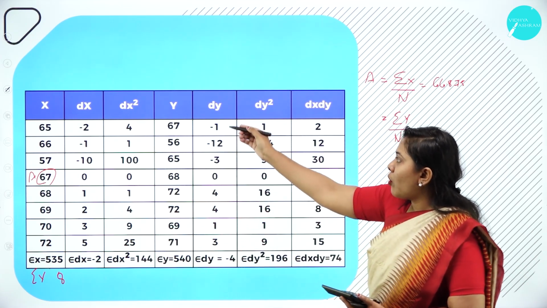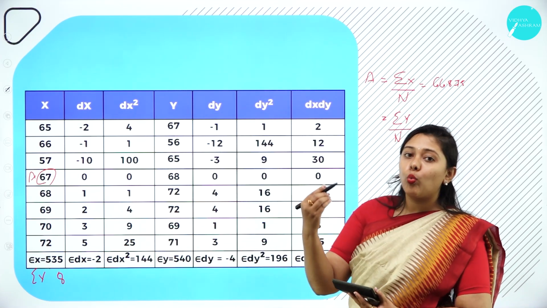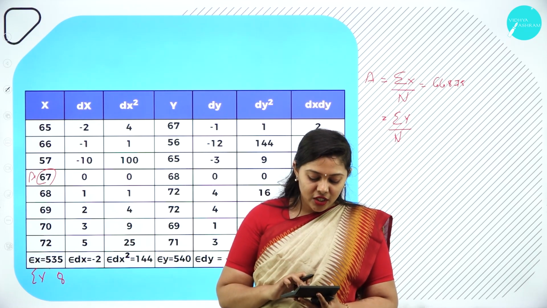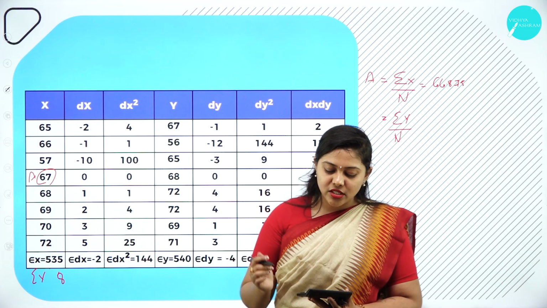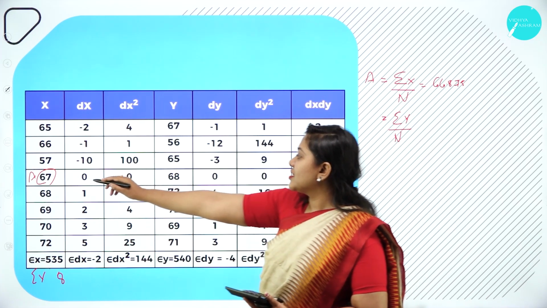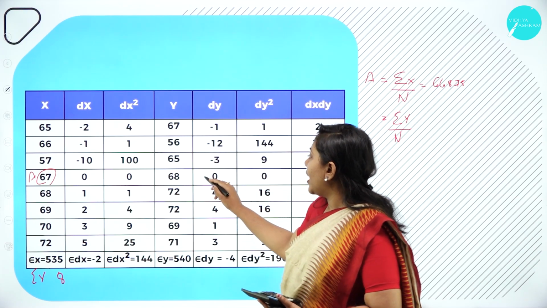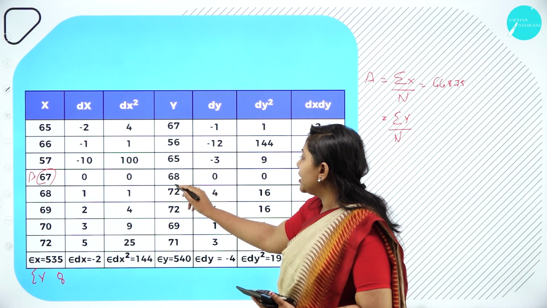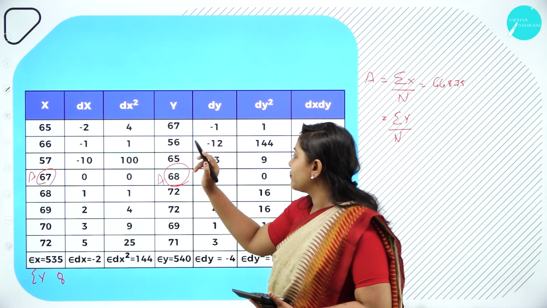Moving forward, we'll calculate for y. The summation of y is 540, so 540 divided by 8 will be 67.5. So we are taking the actual mean as 68.